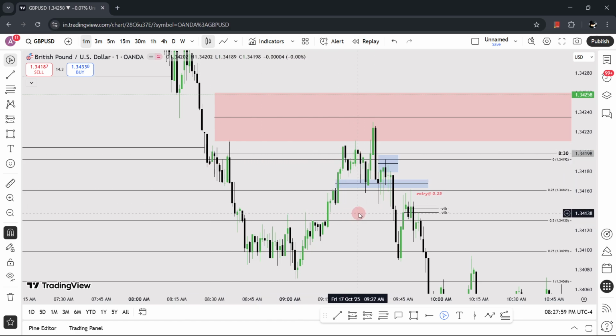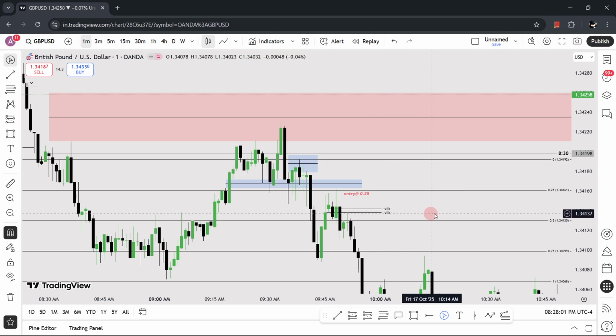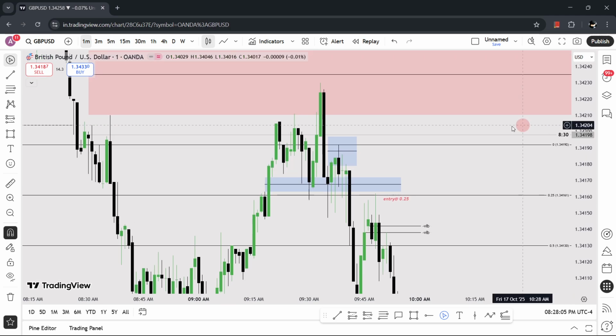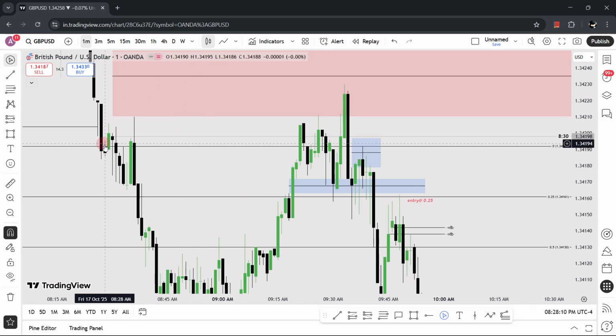Okay, so now you need to know what I'm going to say thoroughly. This is a perfect trade. You can see the high of the premium week went up there, went to this fair value gap, higher high, never a low.